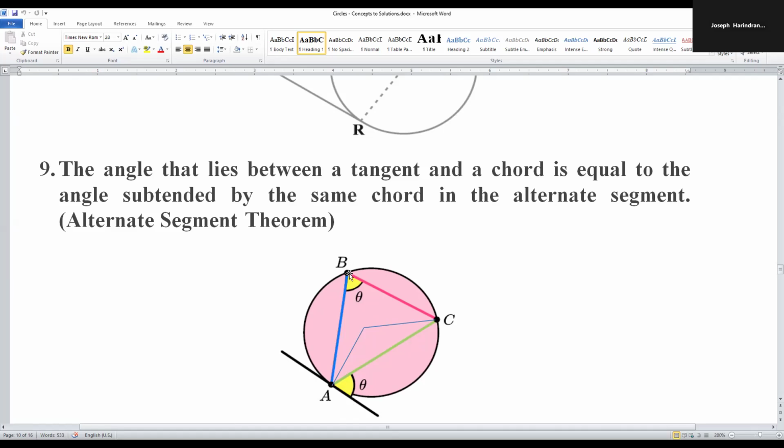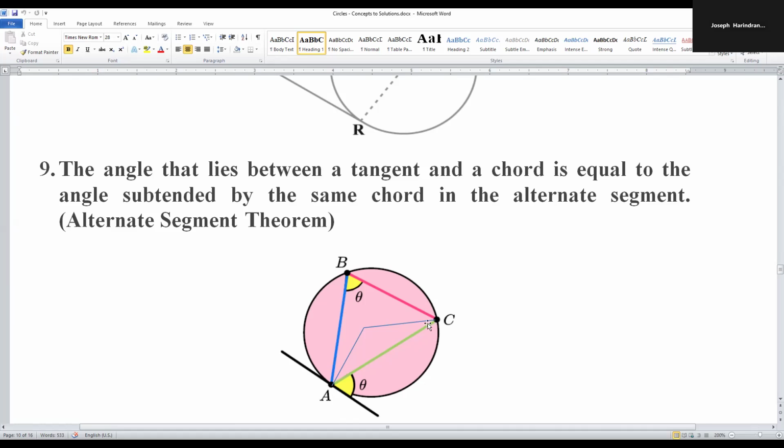First of all, let me describe this circle diagram. This is a tangent at A. A is the point of contact. AC is a chord.